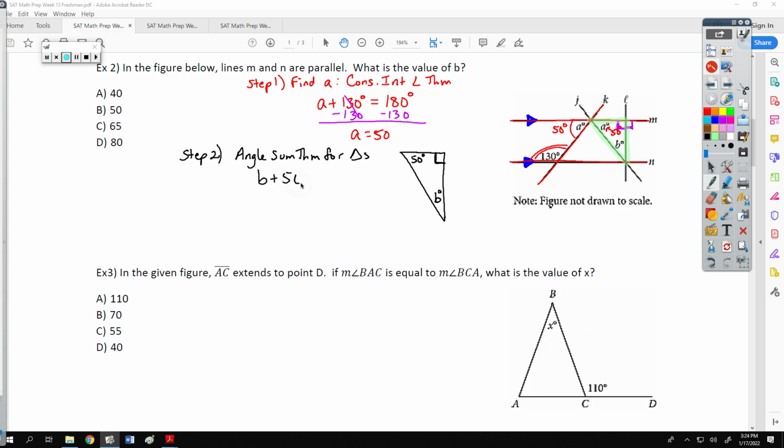So B plus 50 plus 90 equals 180. Combine like terms, B plus 140 equals 180, and then subtract 140 from each side, which would give us our answer, B equals 40.